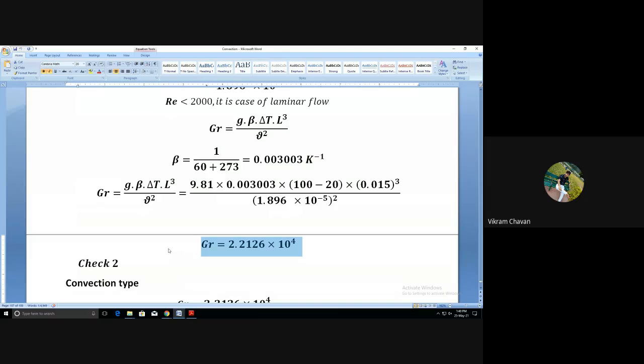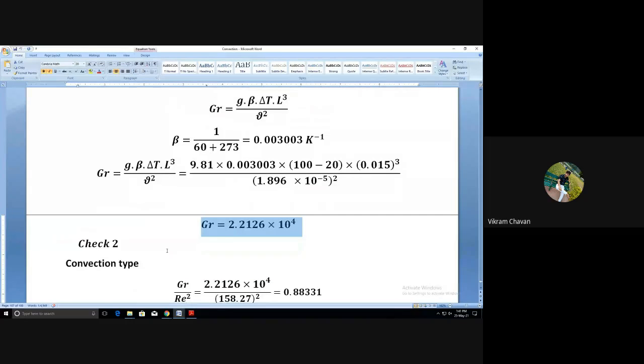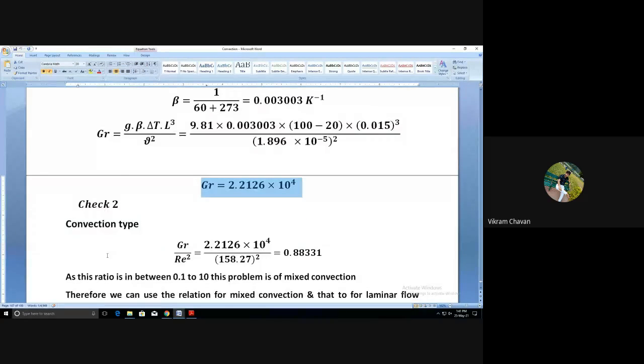Now we have to check whether the convection type is free convection or forced convection, or a combination of free and forced convection. To check the convection type, we have to take the ratio of Grashoff's number to the Reynolds number square. Grashoff's number is 2.2126 into 10 raised to 4, and Reynolds number is 158.27, and we have to consider its square.